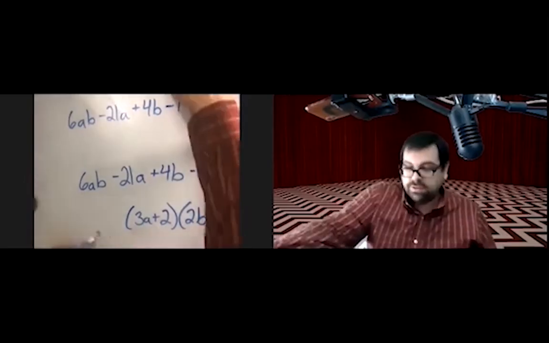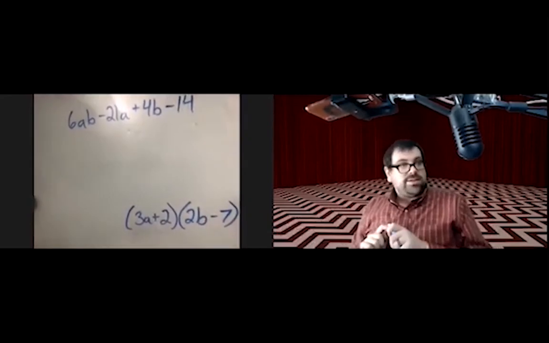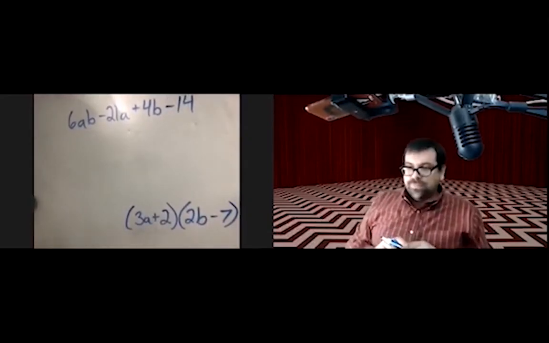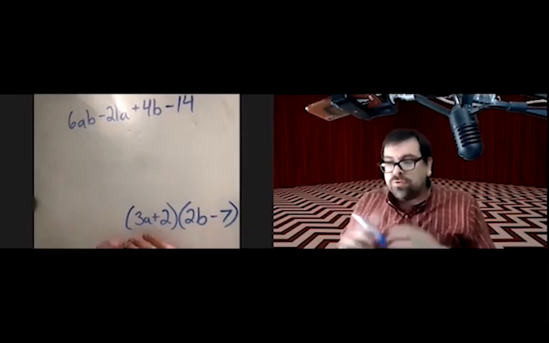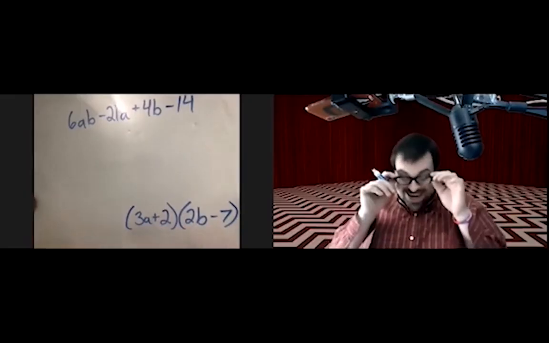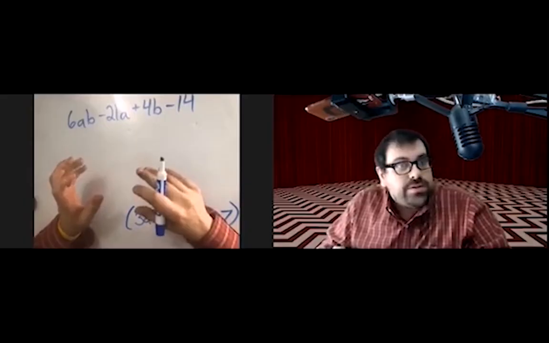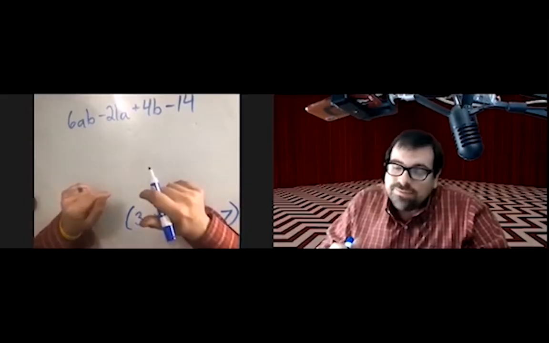Let's factor, see how we get to our answer. So first of all, the first rule of factoring any problem is look and see if there is a GCF to factor out.